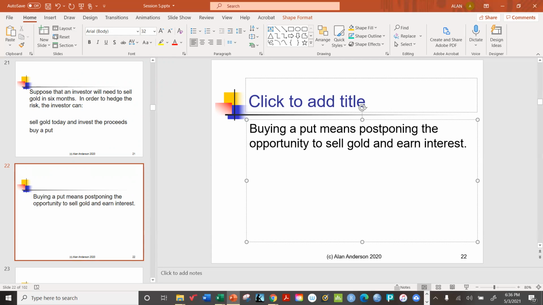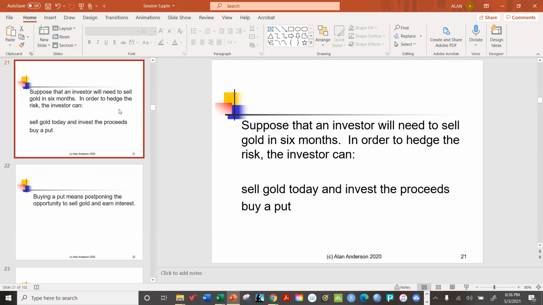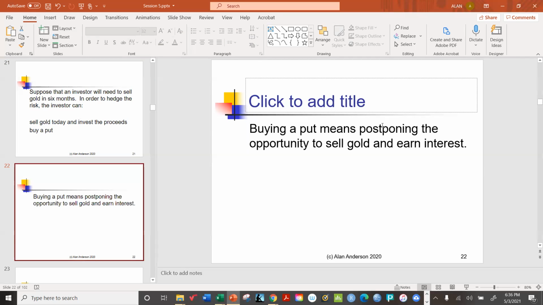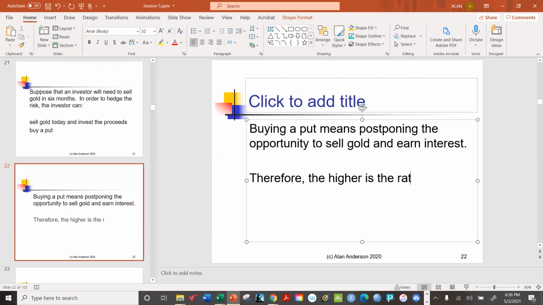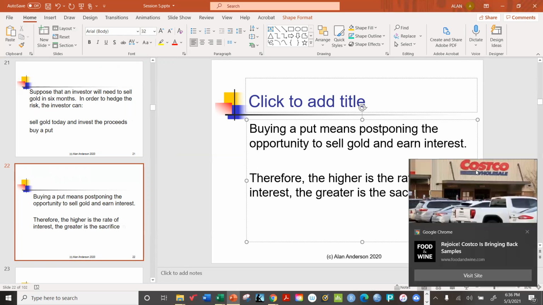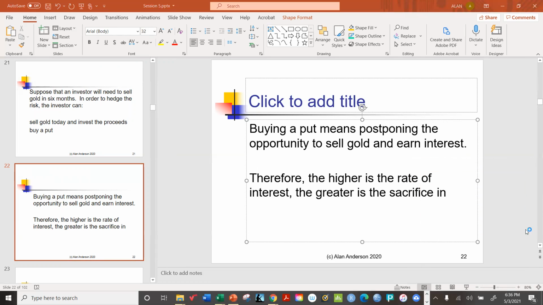In other words, if you buy the put, you're giving up the opportunity to sell the gold and invest the proceeds. So therefore, you're giving up the chance to earn interest. Therefore, the higher the rate of interest, the greater the sacrifice incurred by buying a put instead of selling the gold.